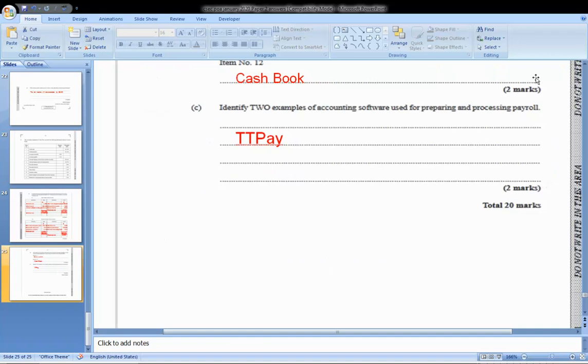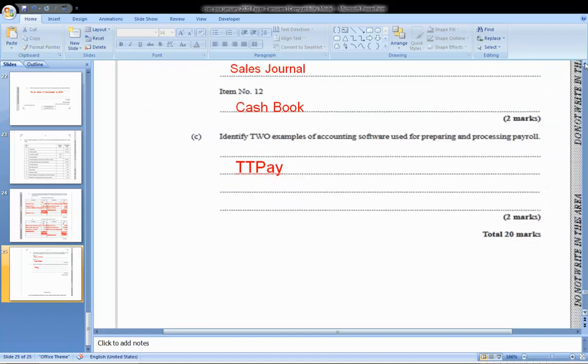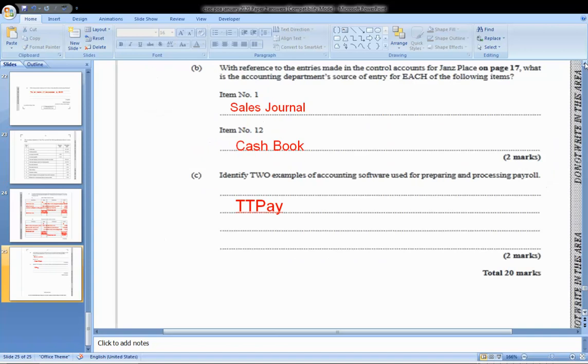And our final part of the question, which is C, says identify 2 examples of accounting software used for preparing and processing payroll. I went ahead and gave you one, TT Pay, but you need another one.